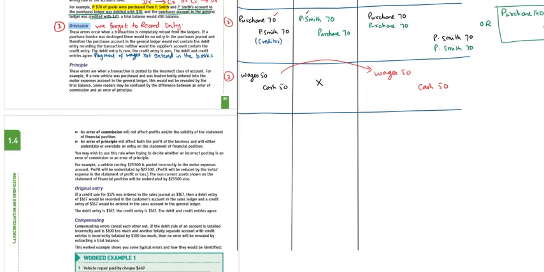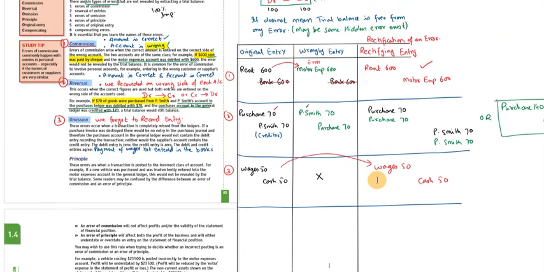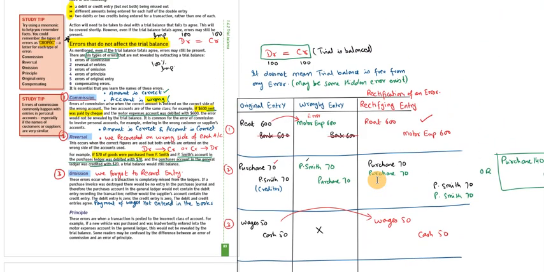In the next class, we will discuss error of principle, error of original entry, and the compensating error. So this is enough for today's class. You have to revise all the concepts related to this. Then we will learn the next three errors. Any question?